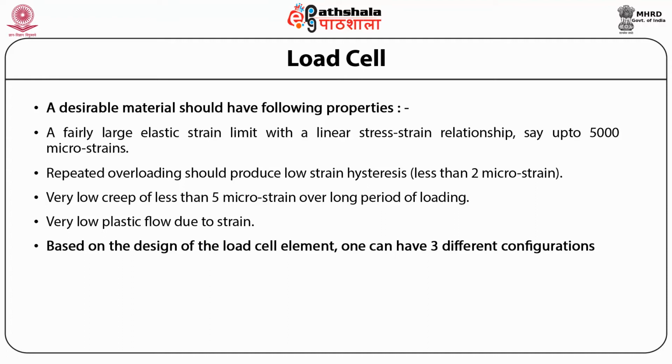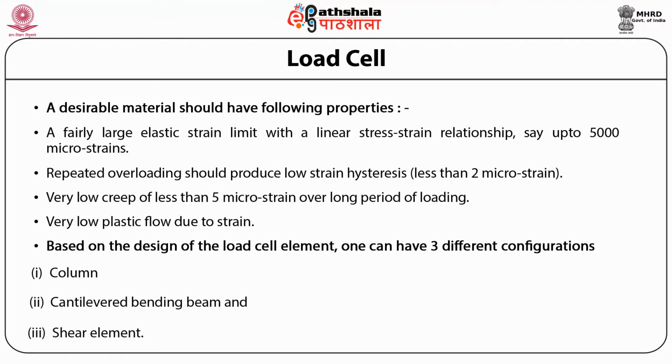Based on the design of the load cell element, one can have three different configurations. First is column, second is cantilevered bending beam, and third is shear element. Let us study about these configurations one by one.